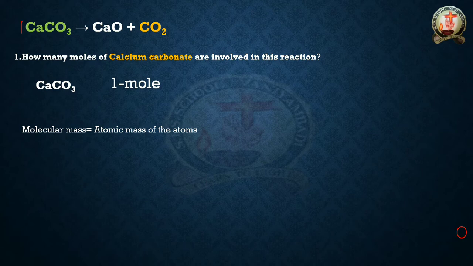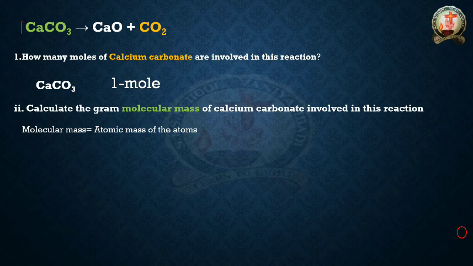Next, we are going to calculate the molecular mass of calcium carbonate. What atoms are present here? Calcium one atom, carbon one atom, oxygen three atoms. These combine to give calcium carbonate.